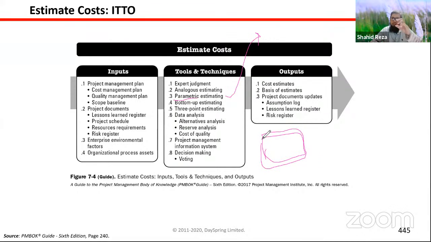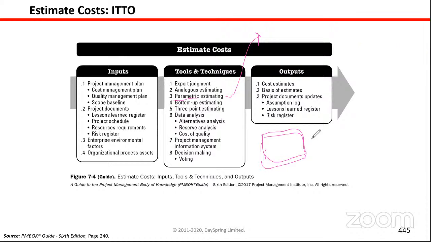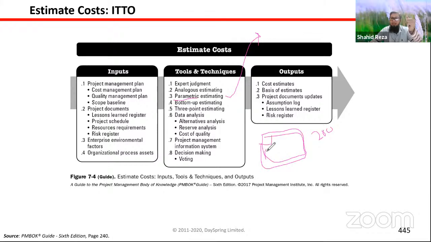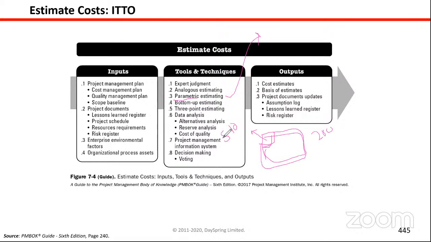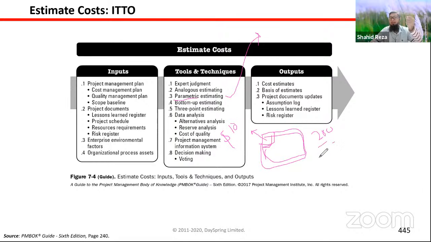And you have to use some arithmetical calculations. For a 200 square feet floor, if you want to put new tiles here, and if one square foot takes $10, how much money does 200 square feet need?